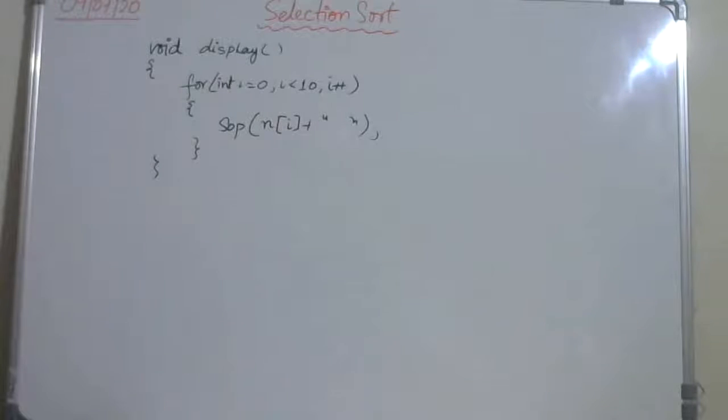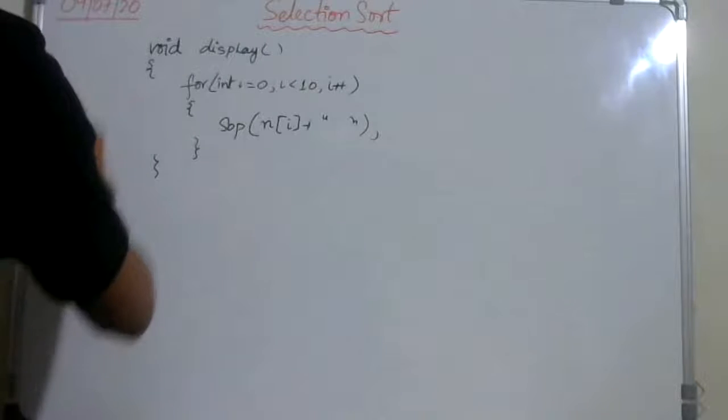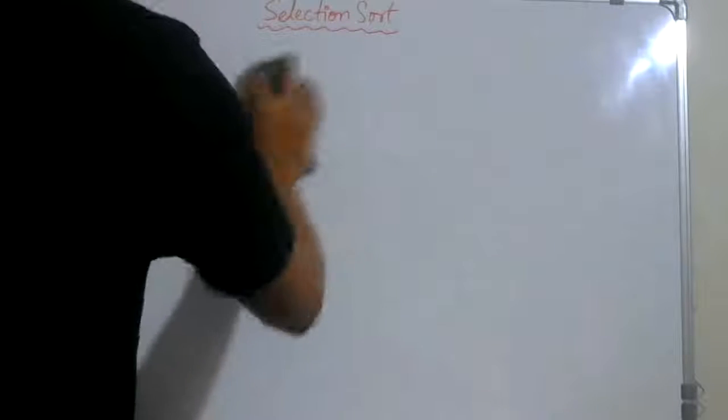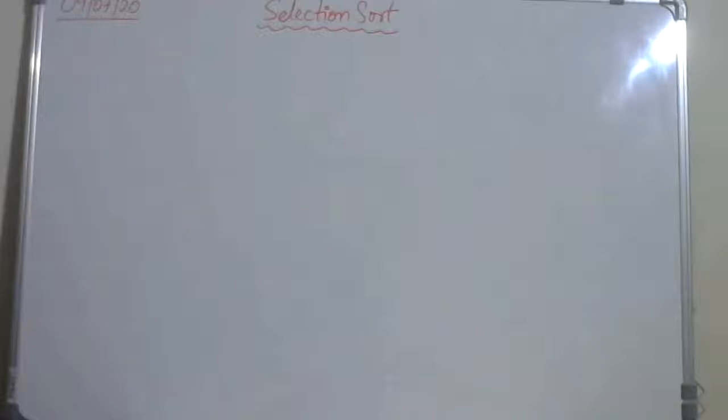Now we come to the function that is actually the main function of this program. So we are going to write down the sorting function, which will sort the array in ascending order. So first let us write down the function that sorts the array in ascending order, and then we'll also write another function similar to this one, which will sort the array in descending order on being called.